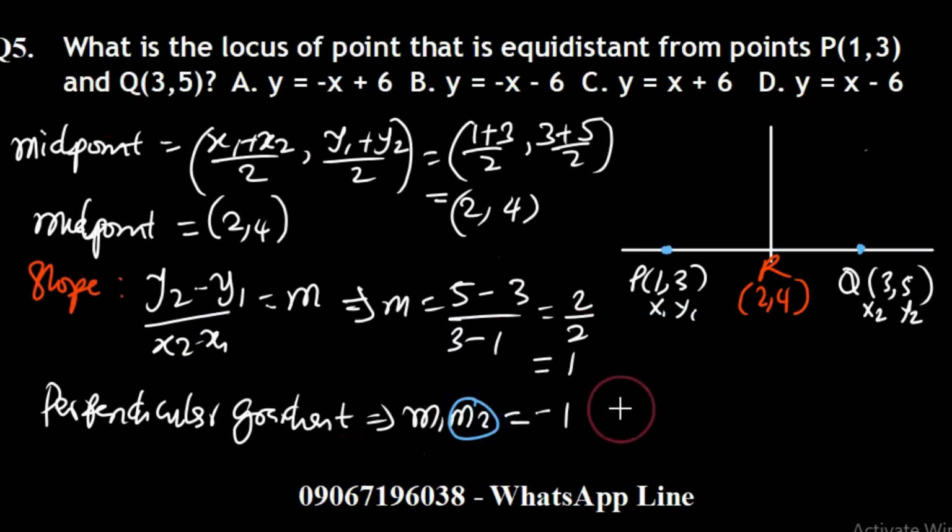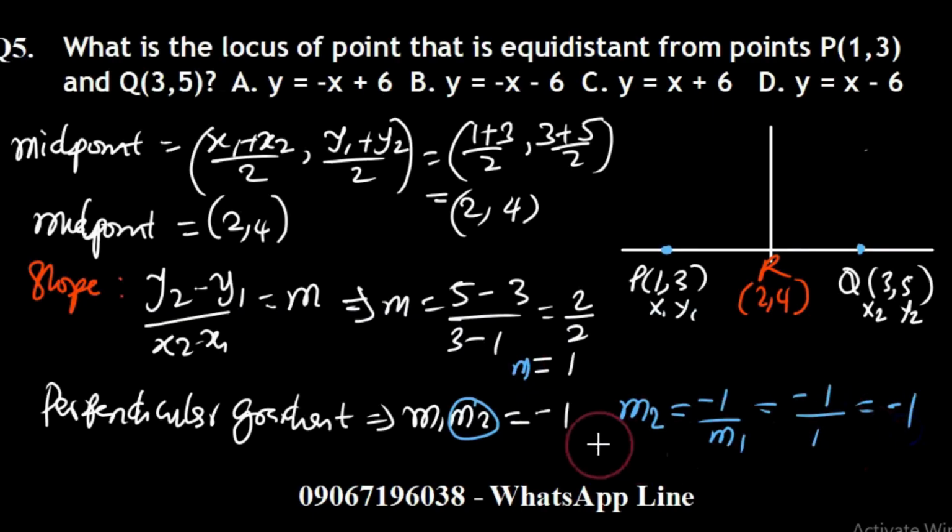So if we make m2 the subject of the formula, m2 will become -1 divided by m1. Now what's the m1? The gradient that we've gotten already, which is our slope, which is 1. So -1 divided by 1, that's going to give us -1.